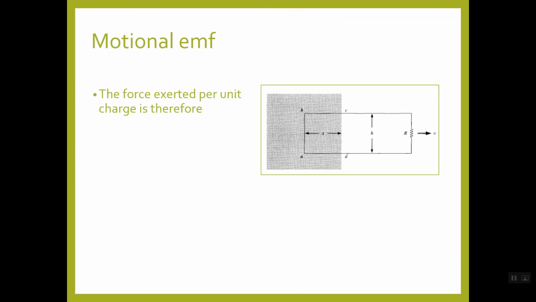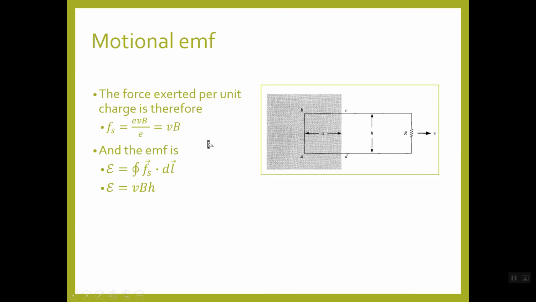So the force exerted per unit charge is therefore going to be the magnetic force, e v B, divided by charge e, so just v B. The EMF is just the line integral of this force per unit charge around the circuit.